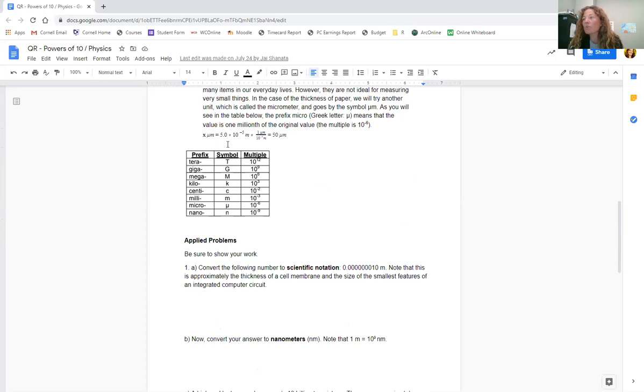So we are starting with 5.0 times 10 to the negative 5th meters, okay? And let's get the whiteboard back and clear that. So we are starting with 5.0 times 10 to the negative 5th meters. Units are really important here.